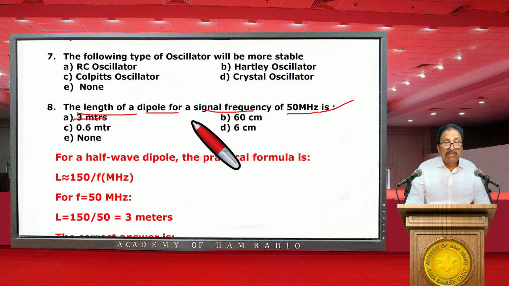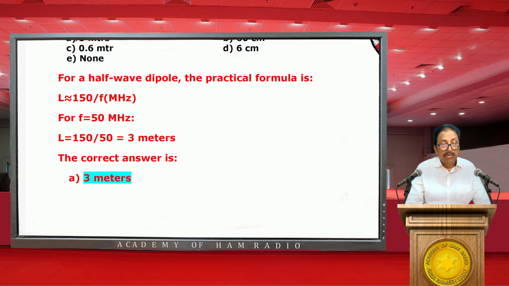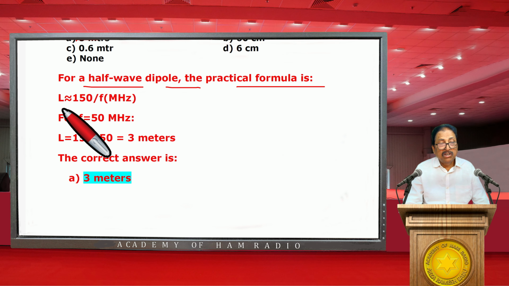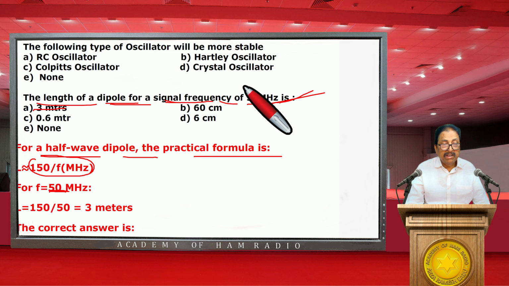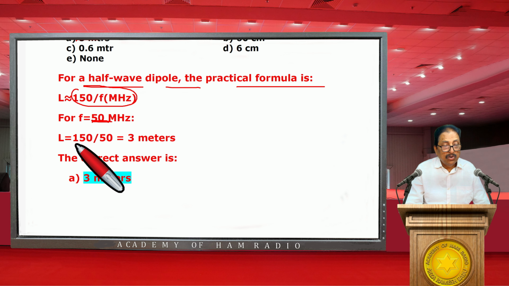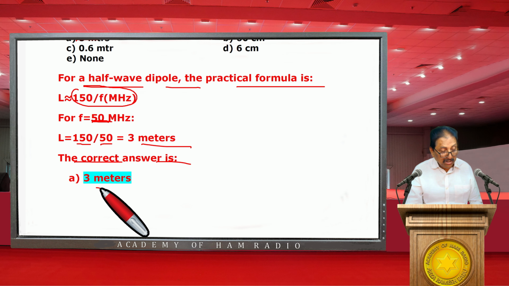For a half-wave dipole, the practical formula is L approximately equal to 150 by F. This is the formula I have to remember. F is 50 megacycles, so L is equal to 150 by 50, which becomes 3 meters. The correct answer is 3 meters.